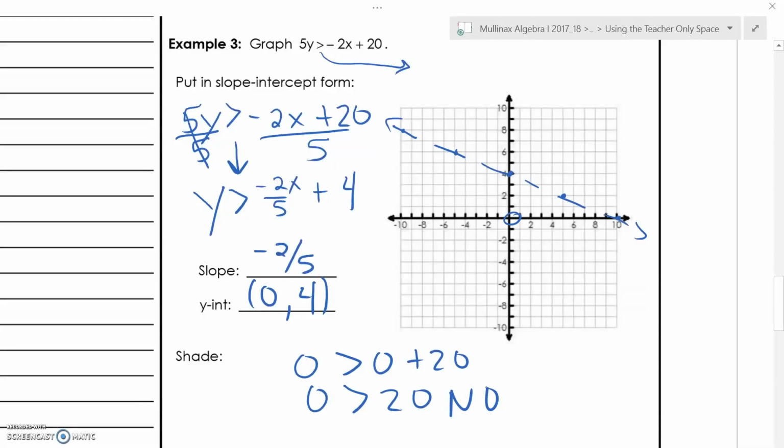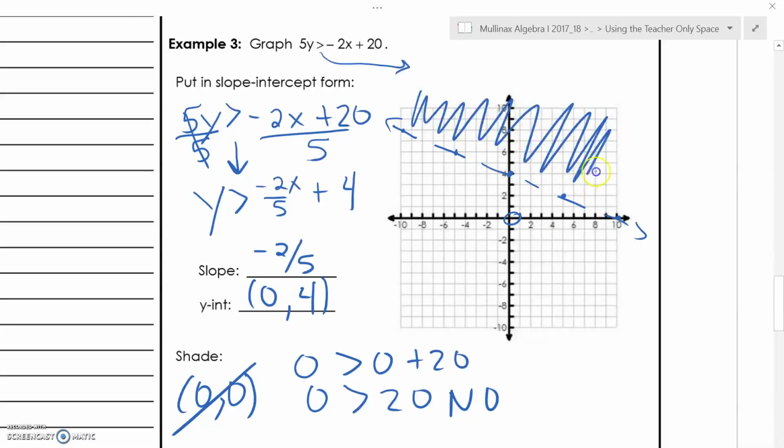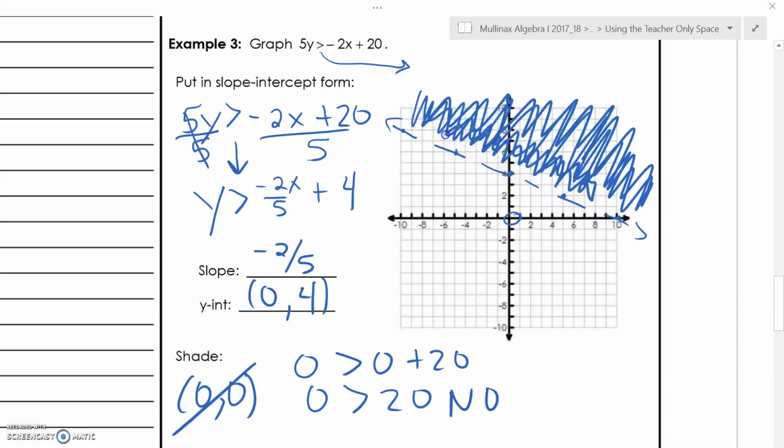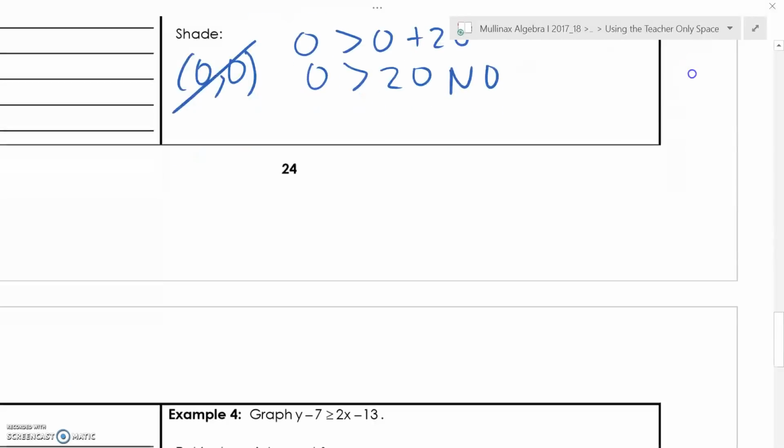No. So we substituted 0, 0, and it was not a solution. So we would not shade towards 0, 0. We would shade away from 0, 0. So the only solutions to this inequality are solutions above the line. The points on the line are not solutions.